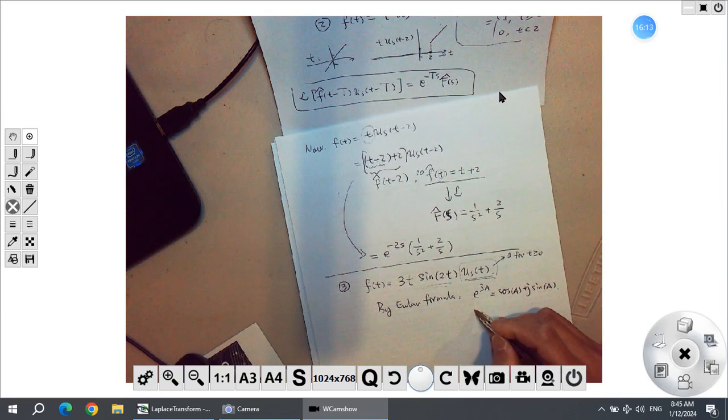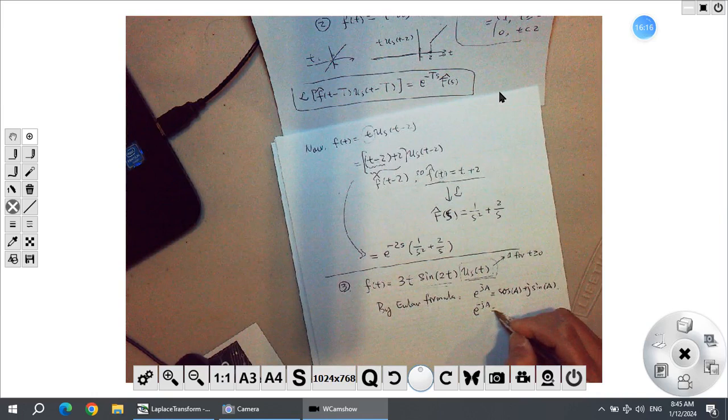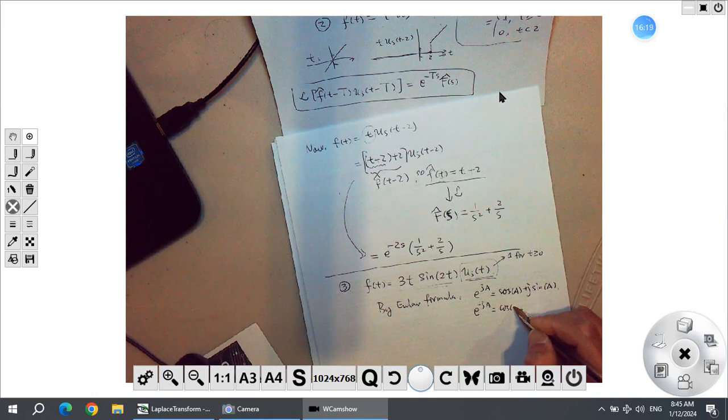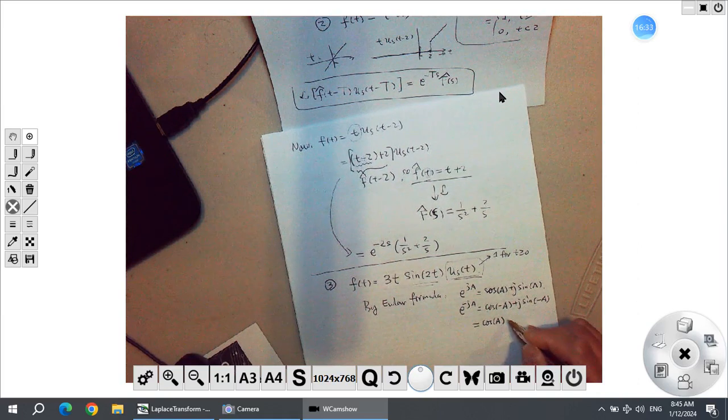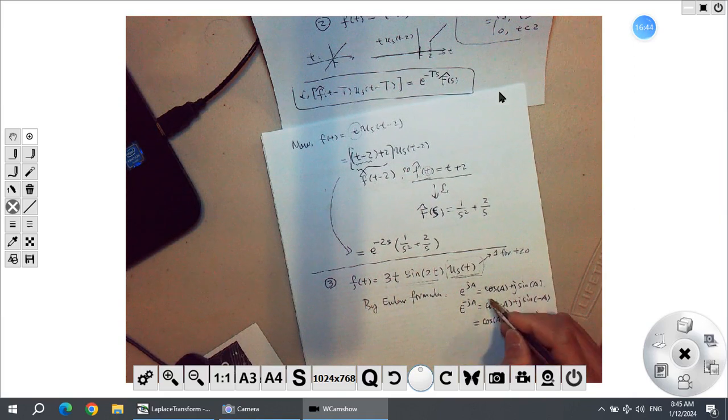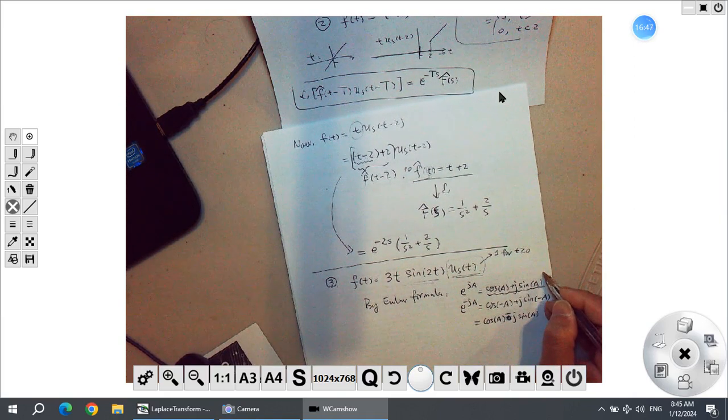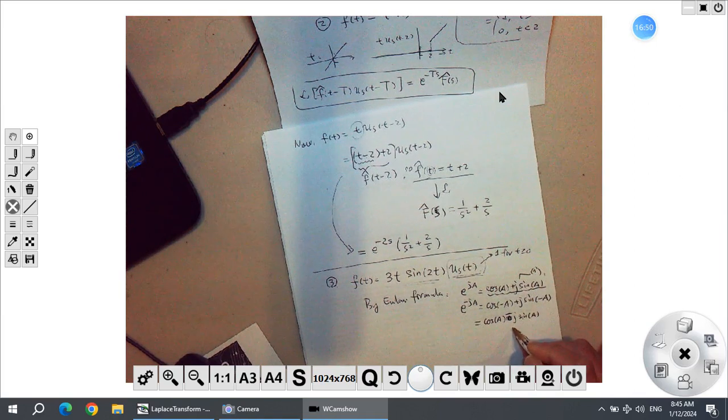Then e to the negative ja equal to cosine of negative a plus j sine of negative a. Cosine is an even function, so cosine of negative a is just cosine a, and sine of negative a is negative sine a, so here is a minus.